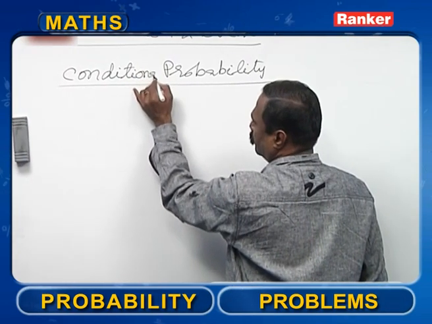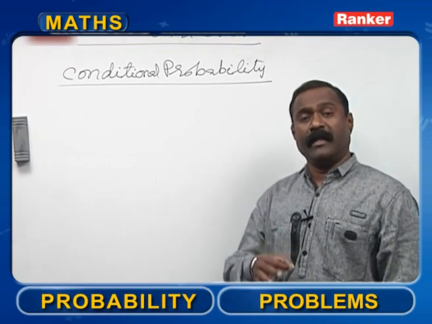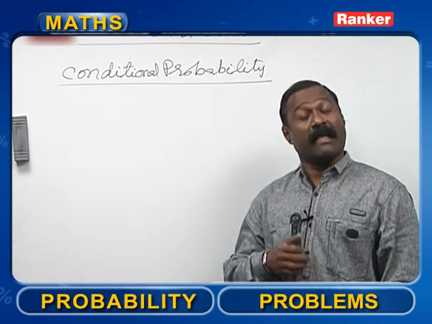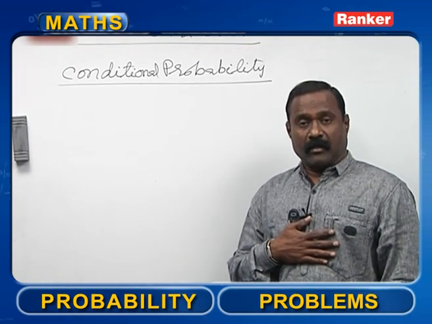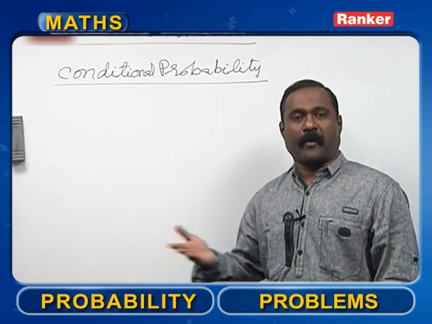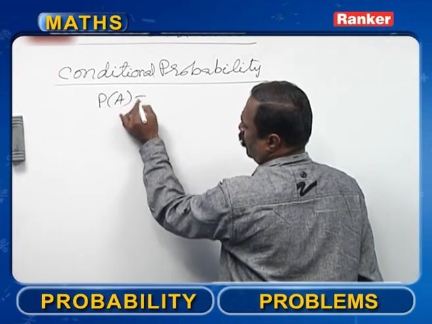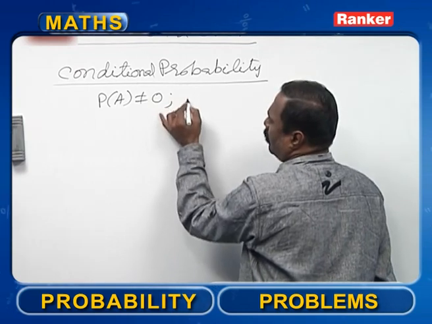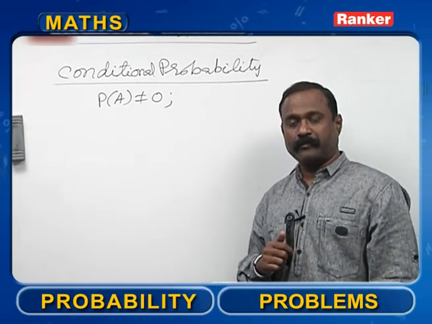Let A and B be any two events in a sample space S such that the probability of the first occurring event is not equal to 0. I write P of A not equal to 0, and P of B not equal to 0 if it is in the denominator.